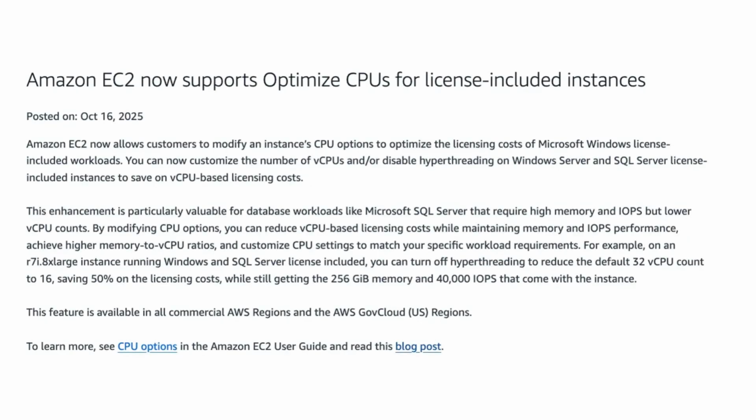Okay, so starting with the news, AWS now lets you modify CPU options on Windows Server and SQL Server license included instances to lower vCPU-based license cost. Specifically, Amazon EC2 customers can customize the number of vCPUs and disable hyperthreading on Windows Server and SQL Server license included instances.